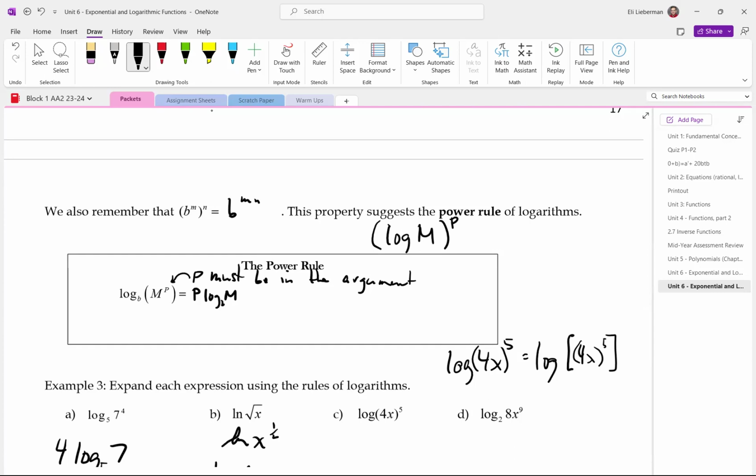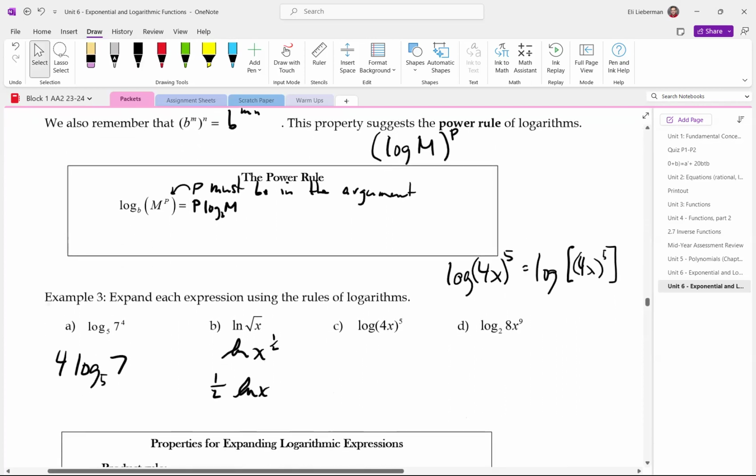But for our example, this 5 is just part of the argument, which means we can take that 5 and move it down. Just take that 5 and move it down. You want to take some time to finish it? Because it does come down. So we get 5 times log of 4x.